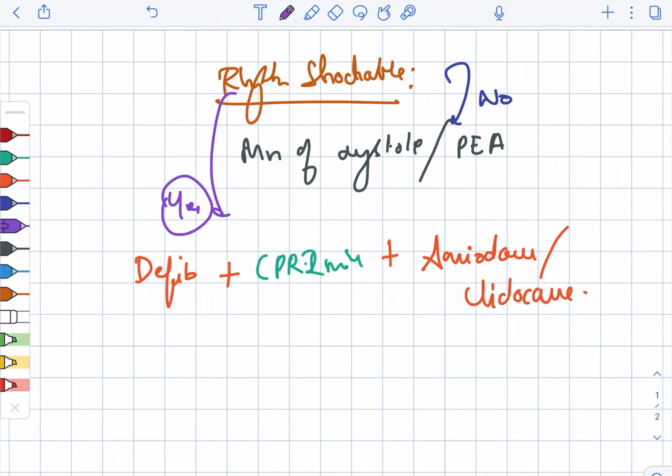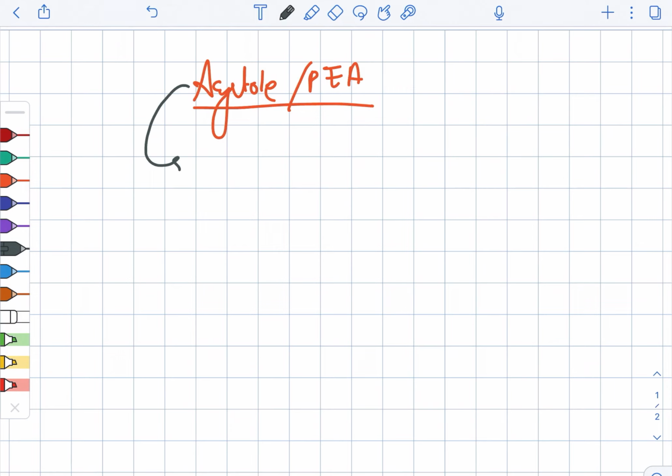Next, we are seeing the case of asystole or PEA. In case of asystole or PEA, we look for the intravenous or intraosseous access.